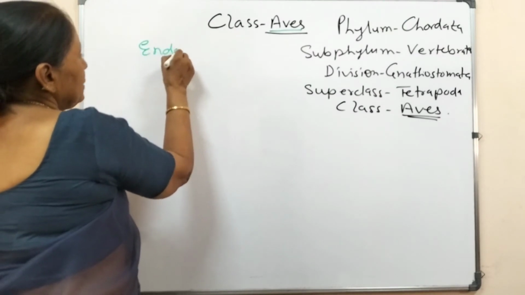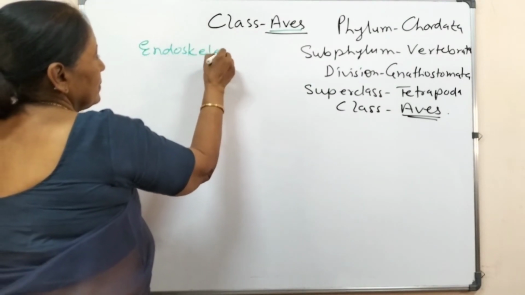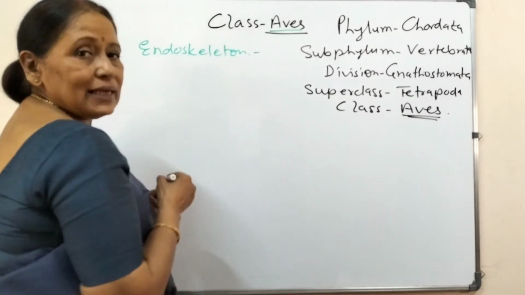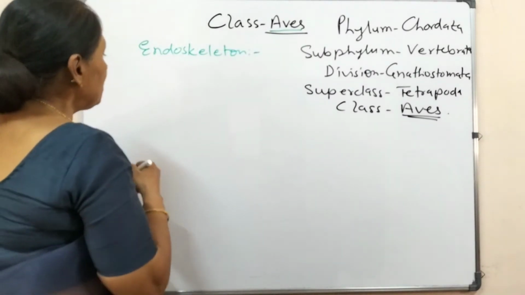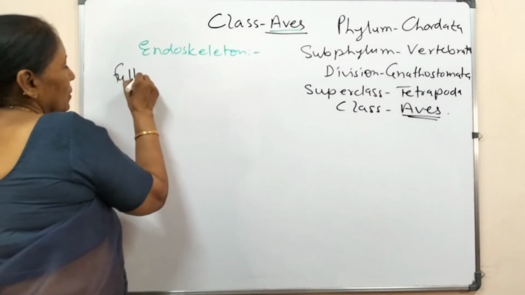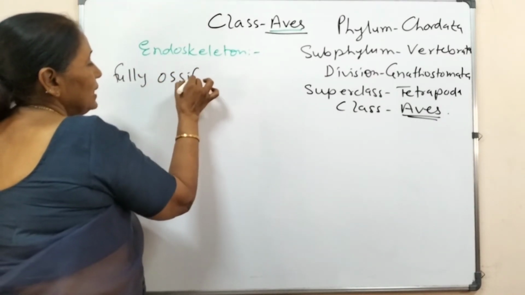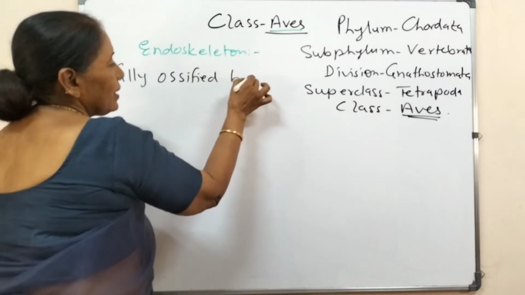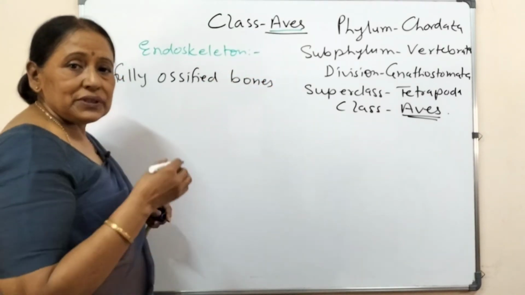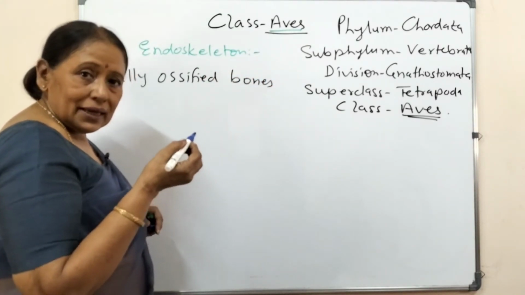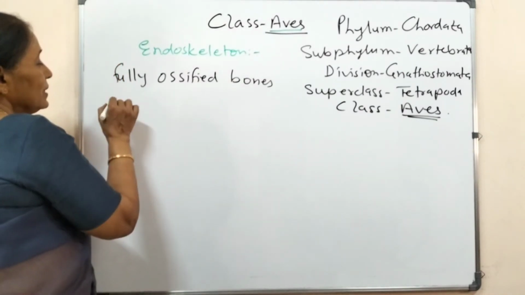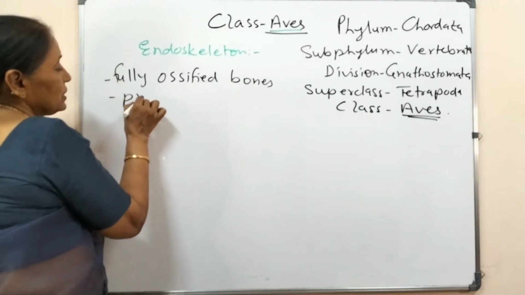What about their endoskeleton? They have fully ossified, rigid bones, and one property of the bones which helps them in their aerial mode of life is that they have pneumatic bones.